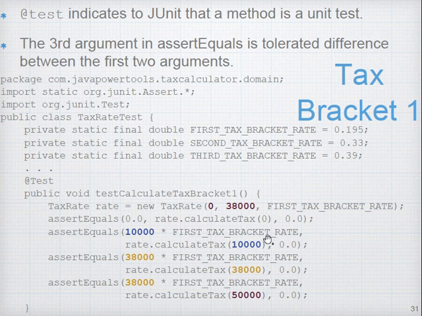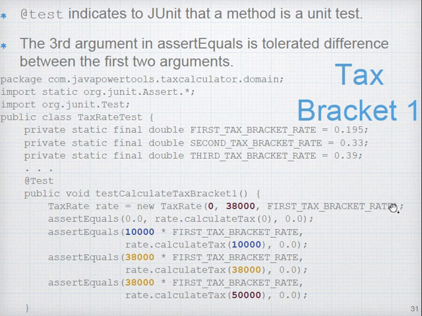By writing these 4 tests, I show that for $10,000 of income, the tax would be the entire amount, 10,000, multiplied by the first tax bracket rate of 0.195. But in the case of $38,000 or $50,000, their tax in this bracket, remember which bracket is already determined here.